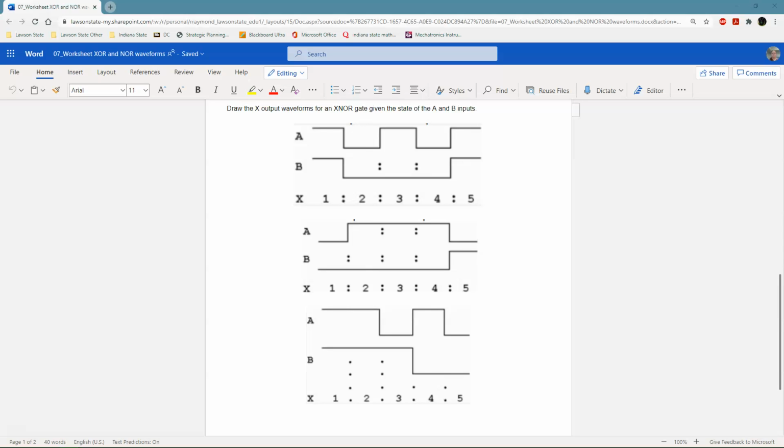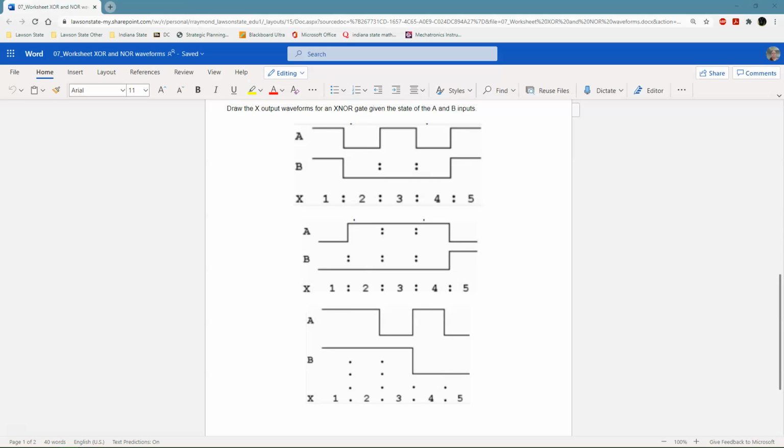So my output should look more like this. I might grab a different color. So we said it was going to be high for 1, so it'll be a 1 for 2 as well. So this is a 1, this is a 1, 0, 0, 1, 0, 0, 0, 1, 1.